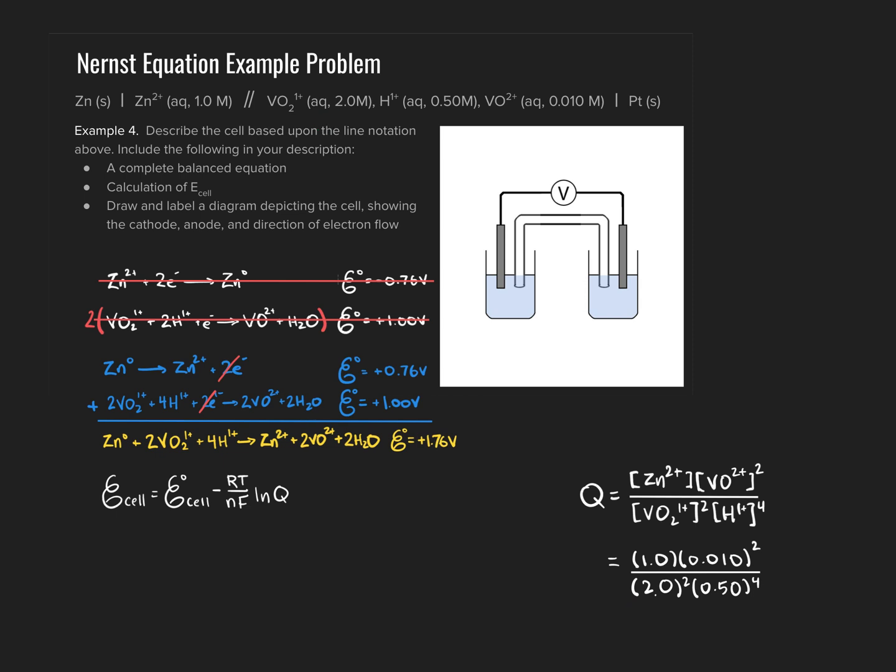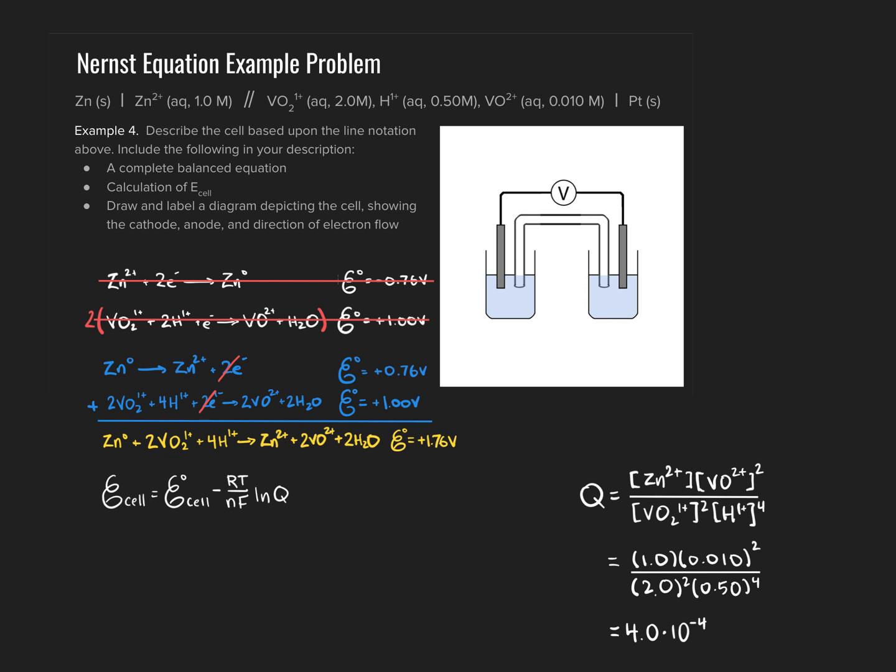And we're going to multiply that by the hydrogen ion concentration, which was given as 0.50 molar, which is going to get raised to the 4th power. And plugging in those values into my calculator, I get here a calculated value of the reaction quotient Q of 4.0 times 10 to the negative 4th. All right, so I've got a value of Q.